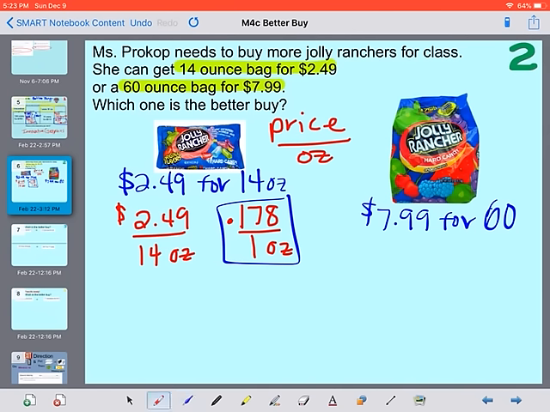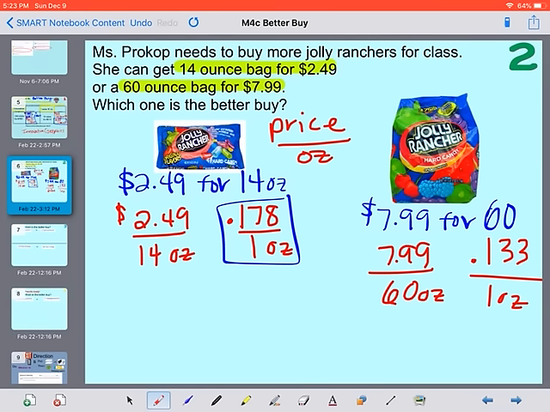And over here, $7.99 divided by 60 ounces, the price for 1 ounce here, $7.99 divided by 60 is 0.133. So this is, if we make it in terms of money, 2 decimals, about 18 cents for 1 ounce.